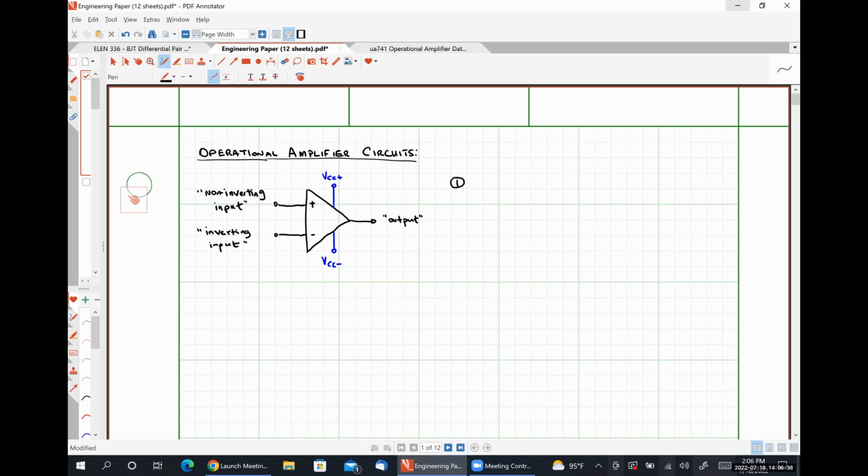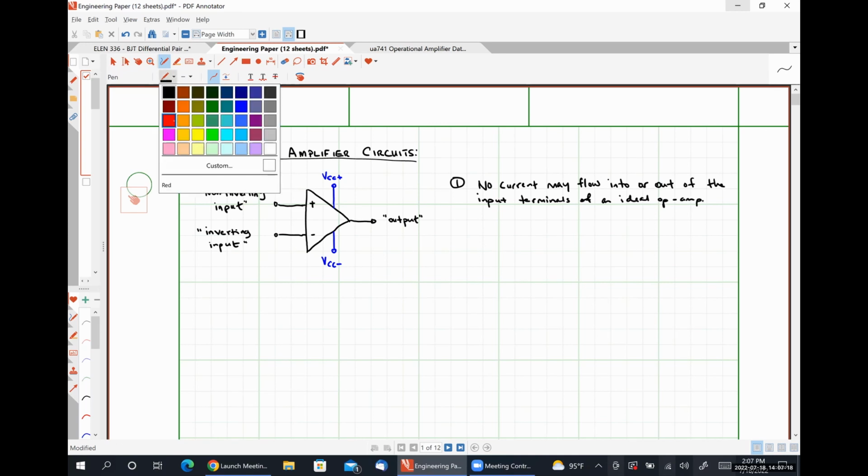The first of which is that no current may flow into or out of the input terminals of an ideal op-amp, which is what we're going to be dealing with.